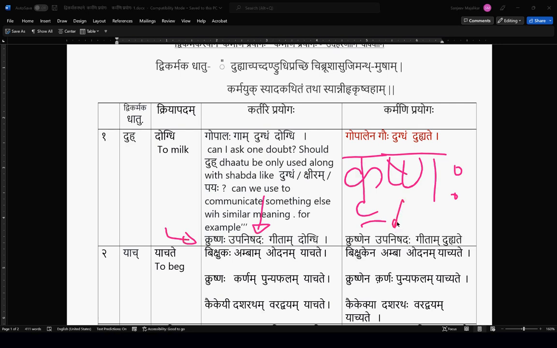And in this one, Upanishadaha? Prathama vibhakti, Upanishadaha, bahuvachanam.